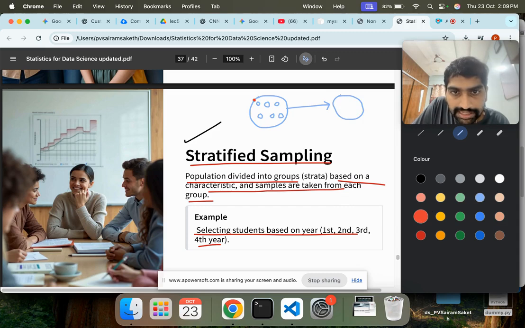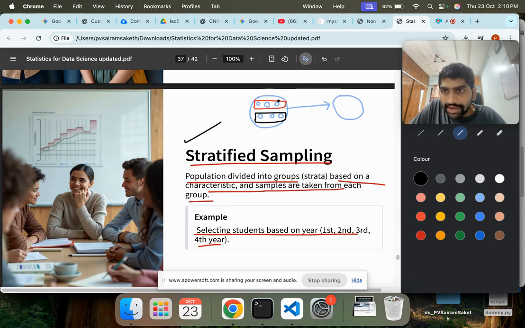Let's say these are the two groups, correct? Now if we have selected this red group, in this red group we will do random sampling, correct?